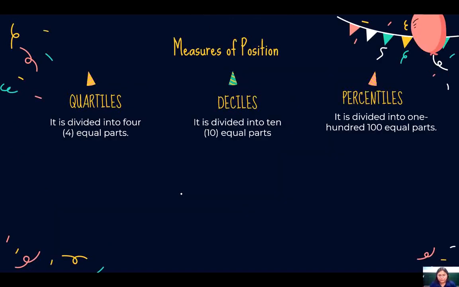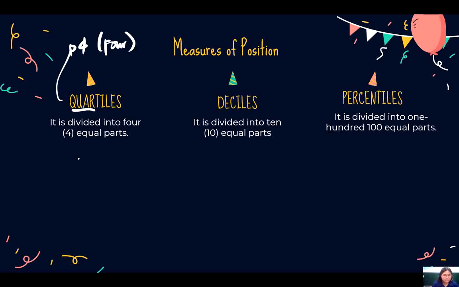These are the types of measures of position. We have the quartiles, deciles, and percentiles. First, let's talk about quartiles. When we say quartiles, from the word quart, we're talking about 4.